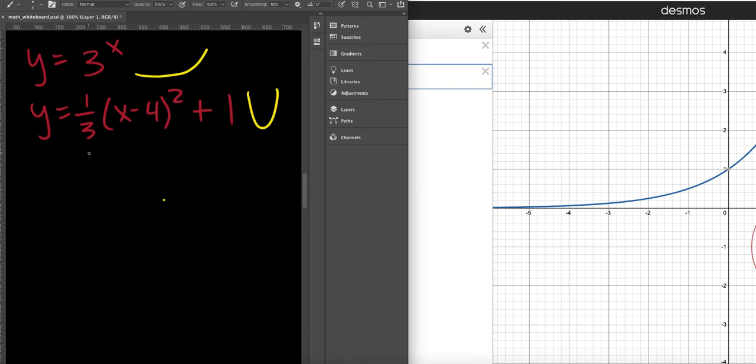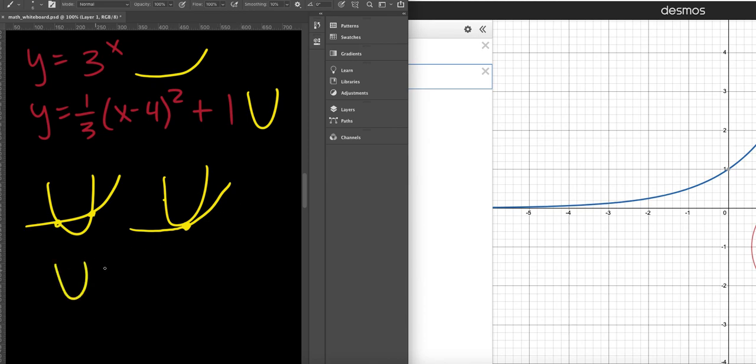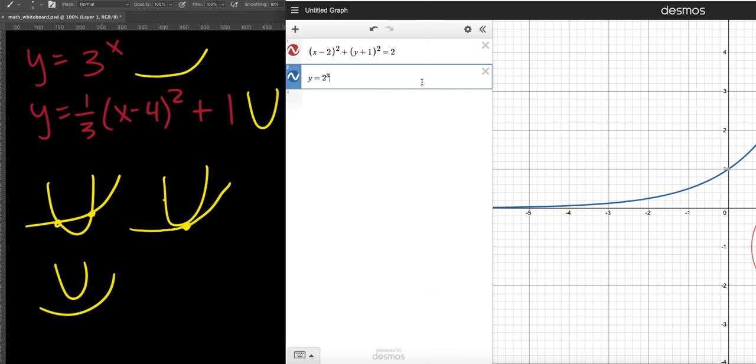So what we're going to do is just look at the possibilities. So we could have a parabola and an exponential that gives us 2 solutions. We could have a parabola and then an exponential that just skims it and get 1 solution, or we could have a parabola and an exponential that don't cross.